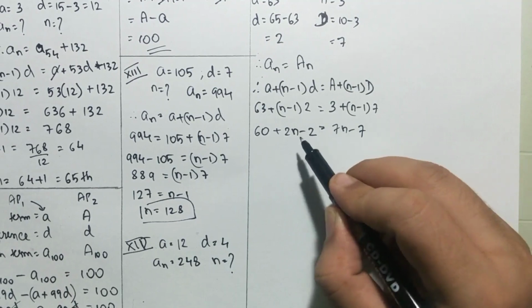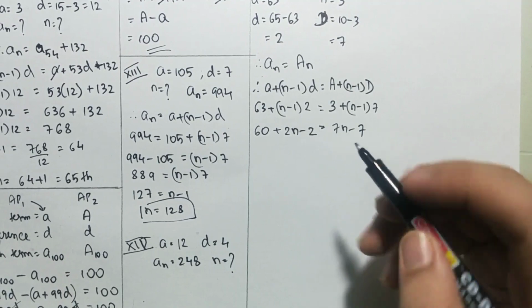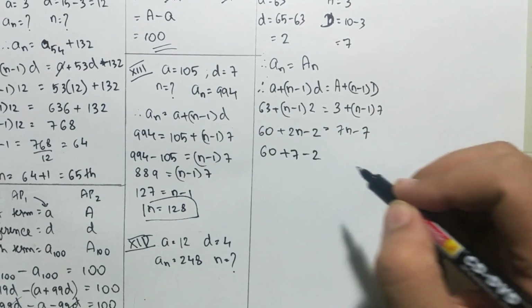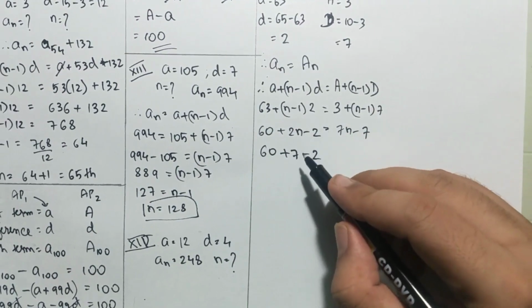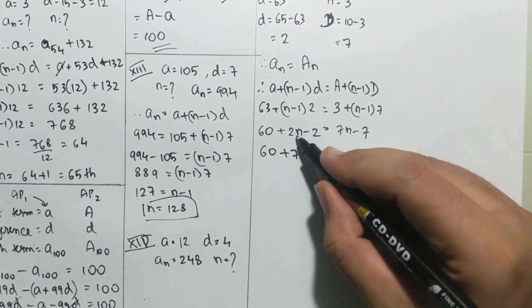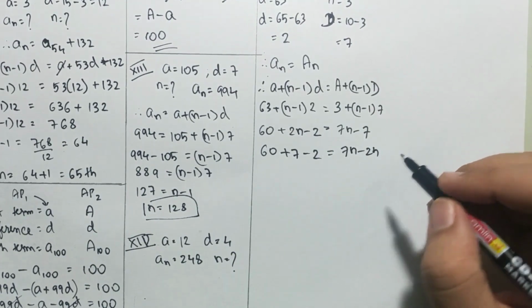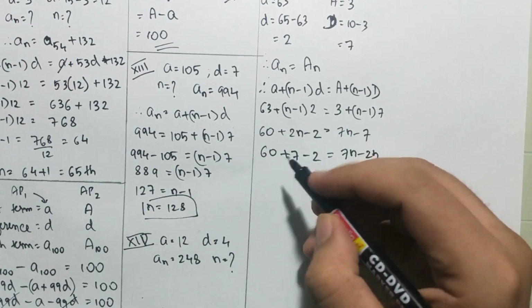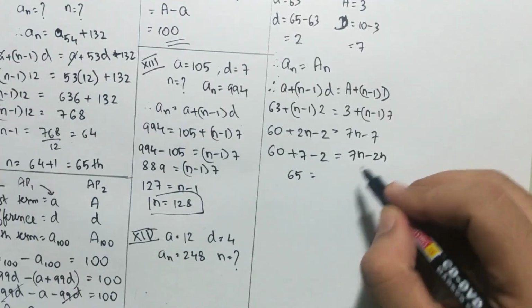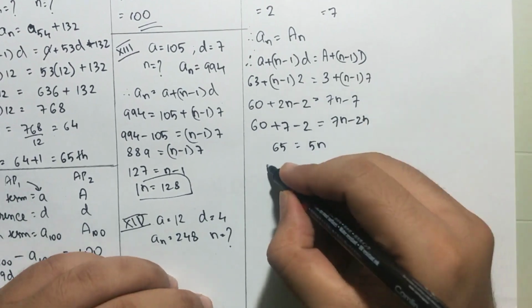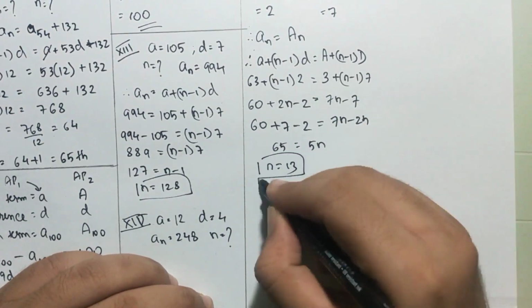This minus 7 will go on the left hand side and gets added. So 60 plus 7 minus 2. This minus 7 gone on that side becomes plus 7. This 2n is on the right hand side, so it will become subtracted. 67 minus 2, that is 65, equals 5n. 65 equals 5n. So my n will be equal to 13.